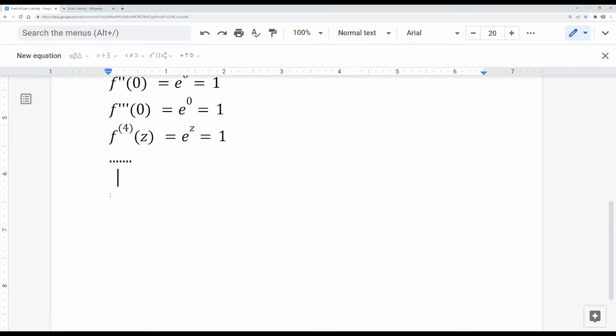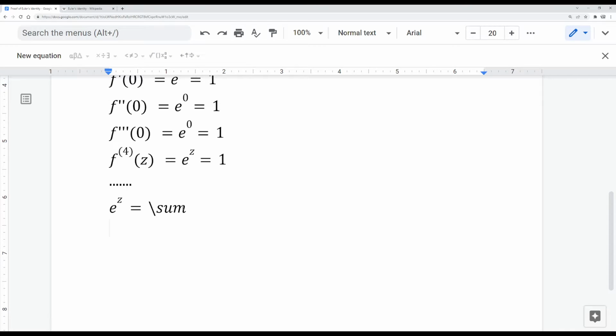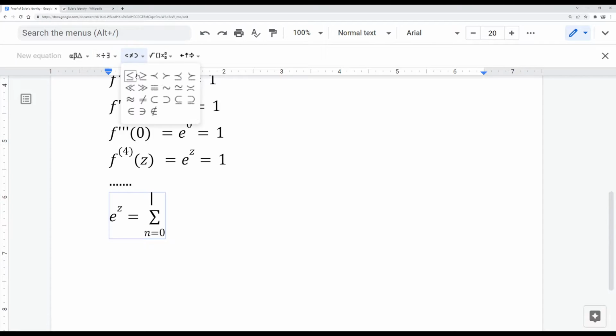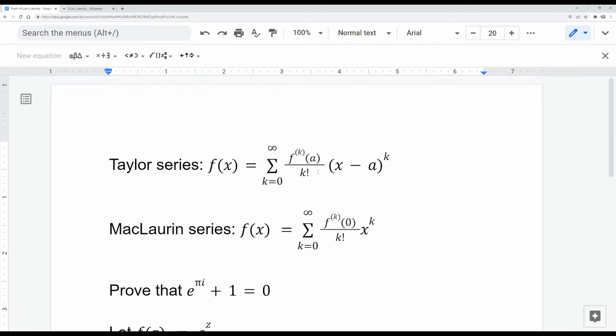So we can establish that e to the z equals the sum from n equals 0, or k, doesn't matter, to infinity, and again, we're just using this Maclaurin series right here.